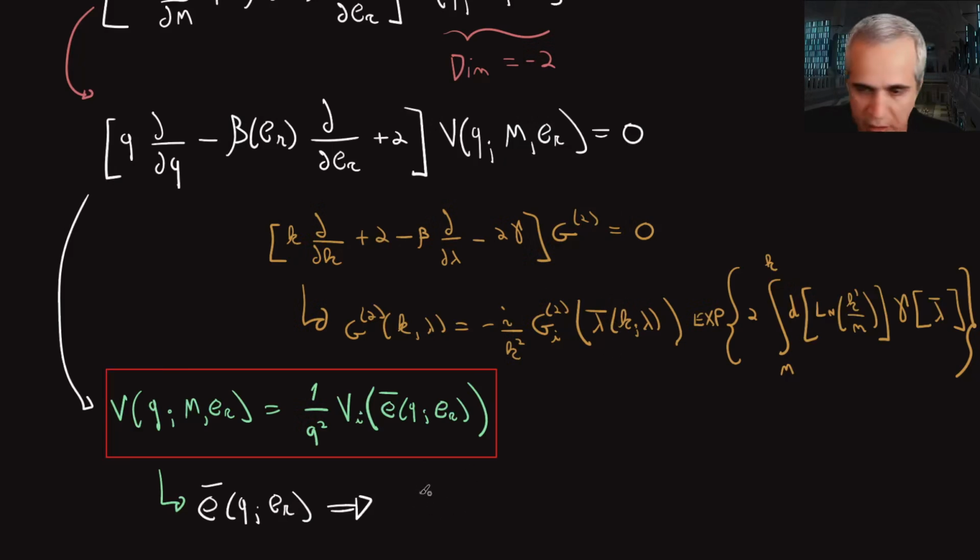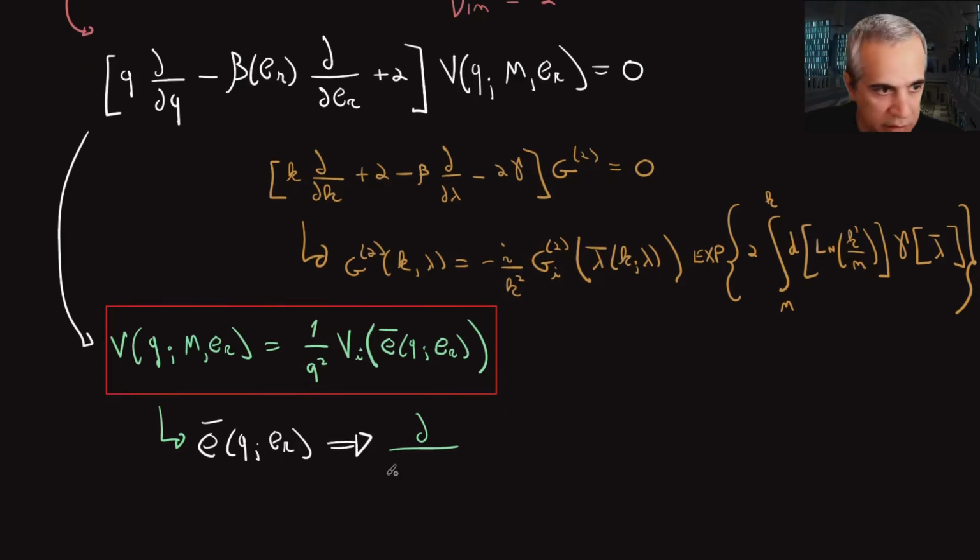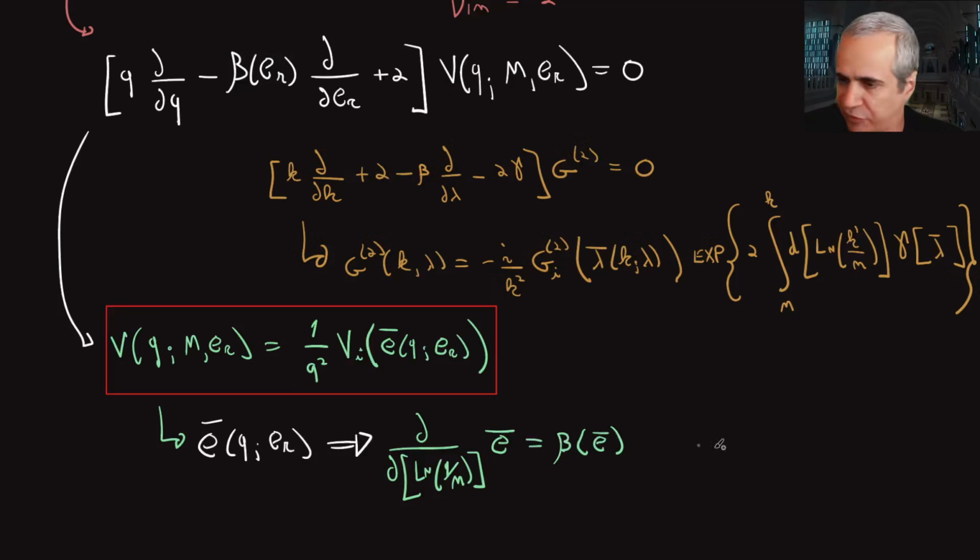And the equation is this one: d log of Q over M of e bar is equal to beta of e bar, with the initial condition that e bar calculated at M and e_R is equal to e_R, which defines e_R.